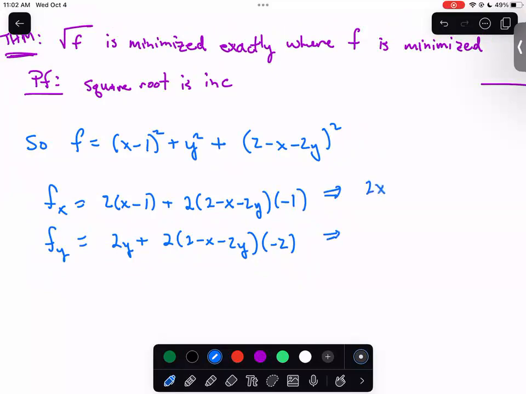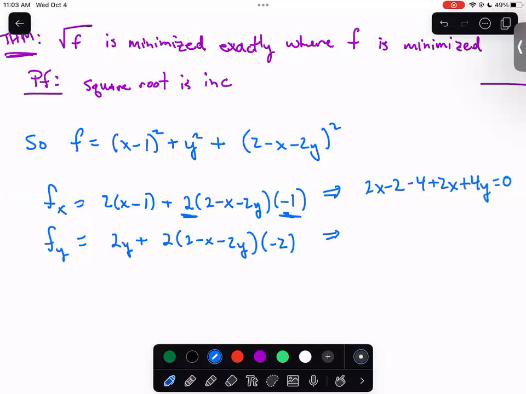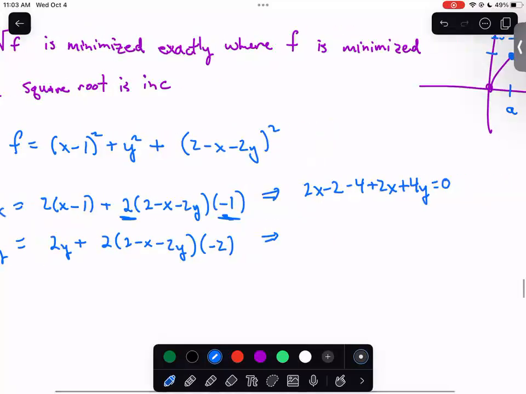So let's see if I can simplify a little bit while I go here. I distributed the 2. Now let's try to distribute a negative 2 to each piece. So that would be negative 4 plus 2x plus 4y. So I would like that to be equal to 0. And so I'd have 2y here.